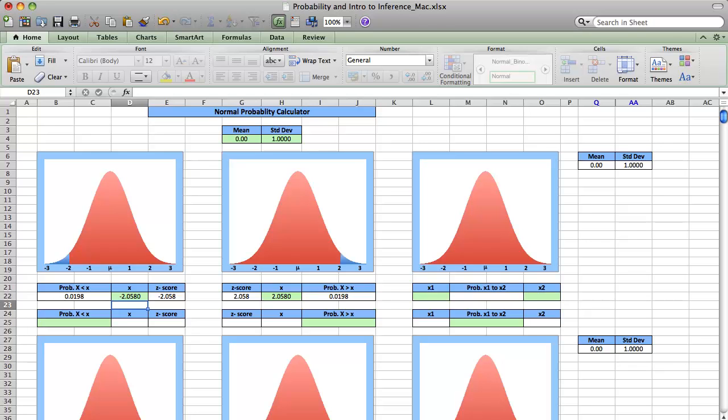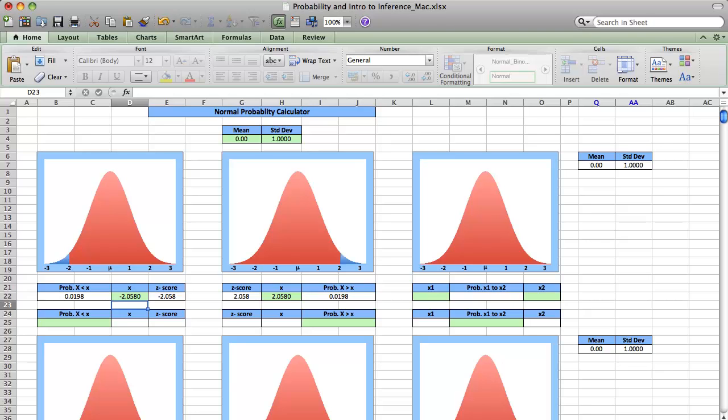Remember, as this is a z-test for the population mean, everything reduces to a standard normal probability distribution related to our z-score. The z-test statistic for our income test was 2.058. The probability of being at least 2.058 standard deviations above the mean is 0.0198.